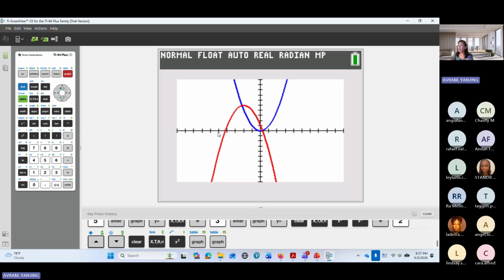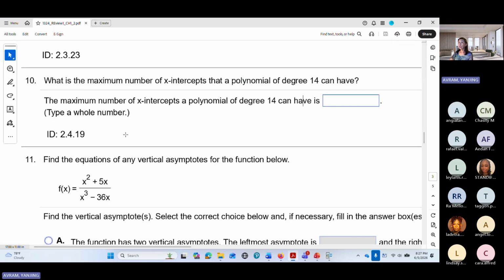So you can have 2 or less, but you cannot have more than 2 if the degree is 2, okay? So this one is at a maximum number. The maximum number of x-intercepts for the polynomial is the same as the degree. So that's 14. Yeah, exactly. All right. You can have 14 or less, but you cannot have anything more than 14. So that should be easy. It's just a concept.